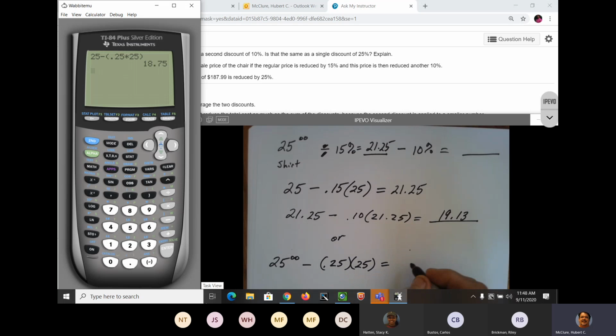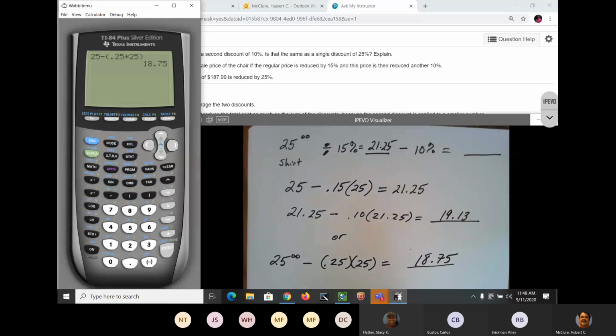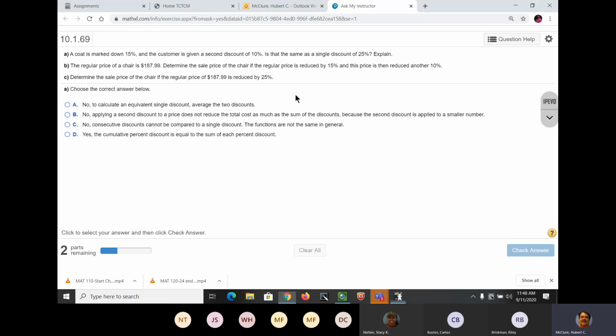Is it the same amount off? Yes or no? No, because they don't equal. Let's see what the question asks. A coat is marked down, blah, blah, blah. Is that the same?